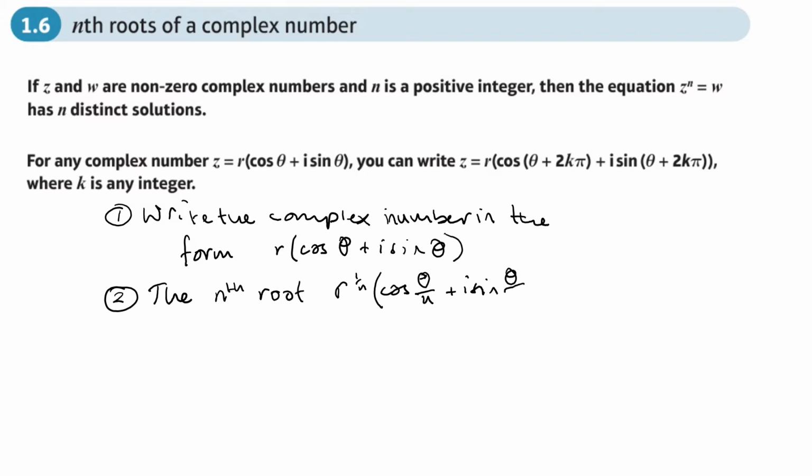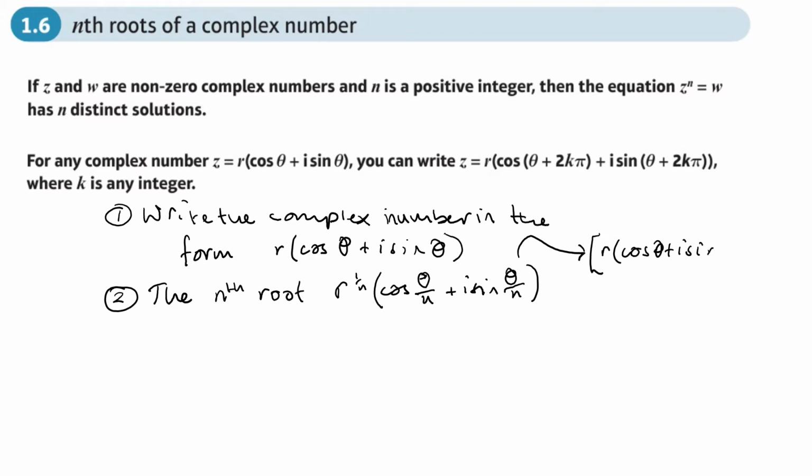Okay, now if you did that, you would only find one root. So let's put down where this comes from. Basically this is where the power is 1 over n.